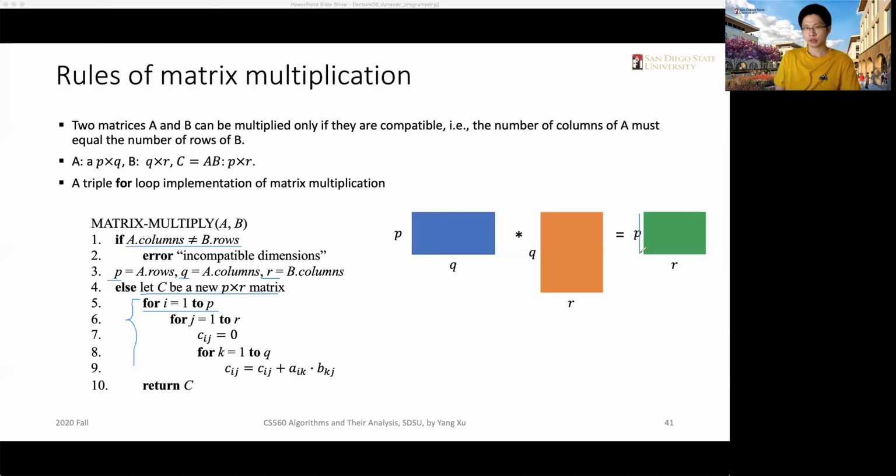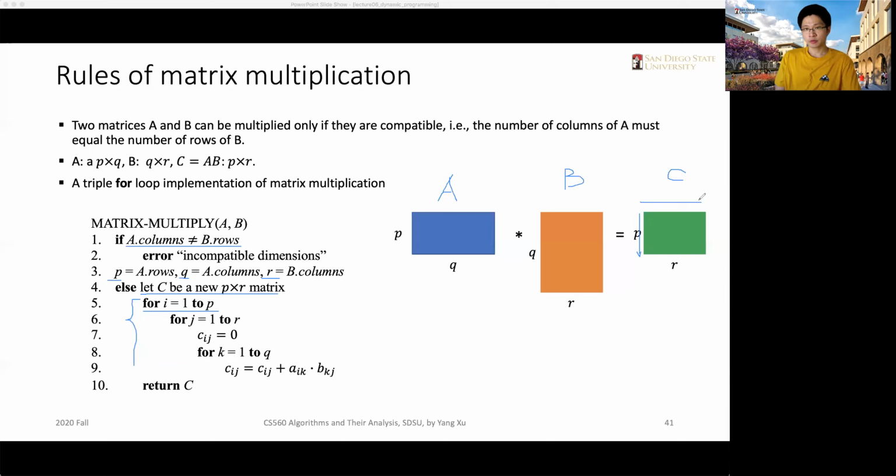The i iterates from row 1 to row P in the result matrix C. So this is the result C matrix, and the blue rectangle is A, and the orange rectangle is B. We need to compute each entry in C. So that's why we need to iterate over the rows.